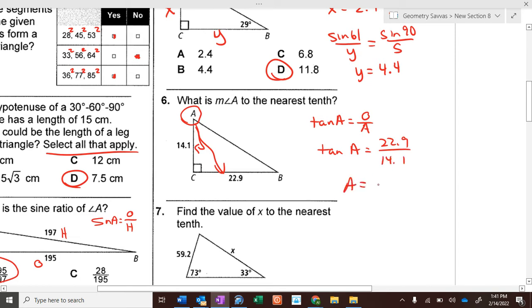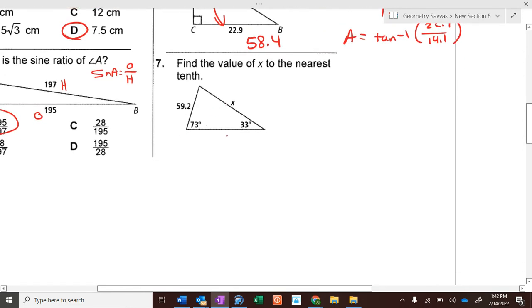So A equals the inverse tangent, because when you take the tangent to the other side, it becomes the inverse tangent of 22.9 over 14.1. And what do we get? 58.4. Is that what everybody got? Okay. We good with that? Okay.